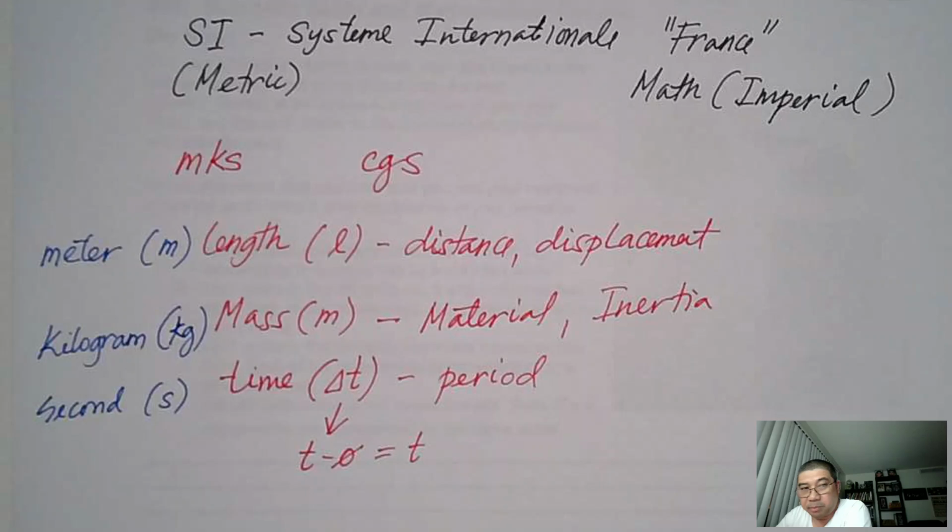The acronym MKS is basically the unit of the fundamental physical quantities that we measure, not only in physics class but in science classes.